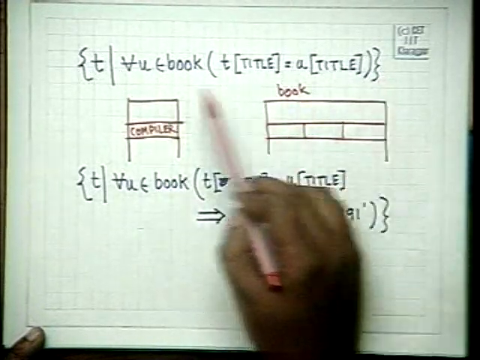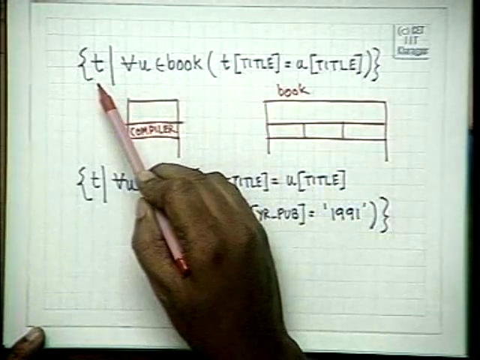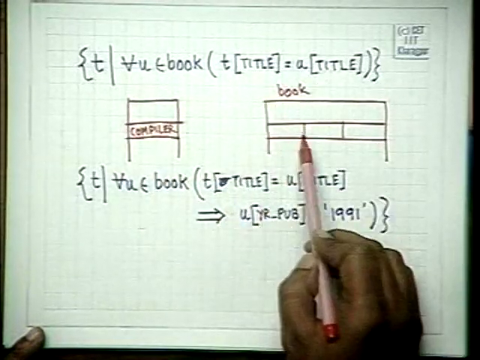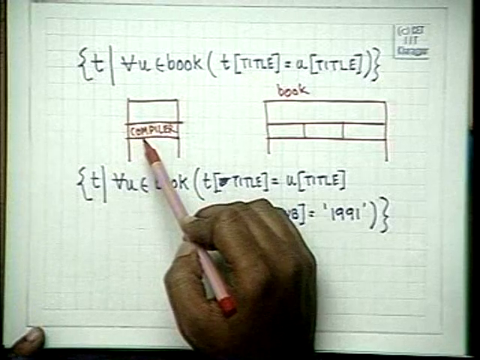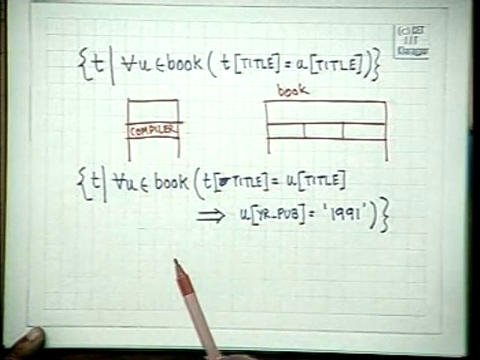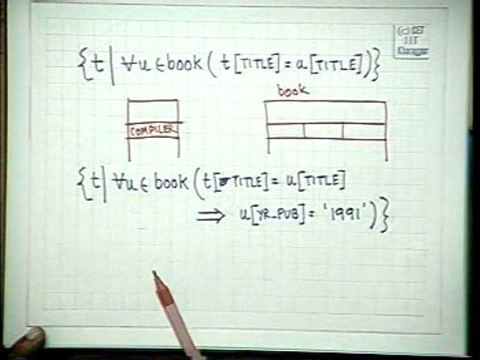So this returns the name of the book provided there is only one title in the library. There may be 5 books with the same title with different years of publication and accession numbers, but the title must be only one. That is the meaning of this.